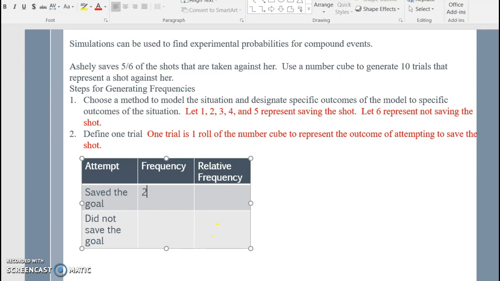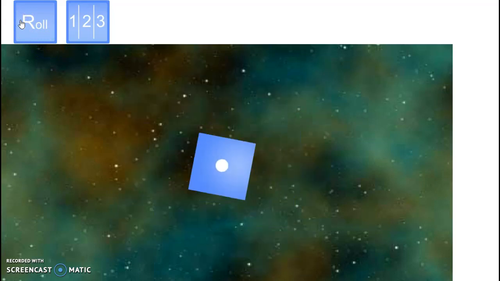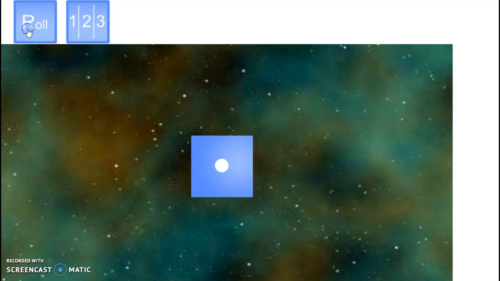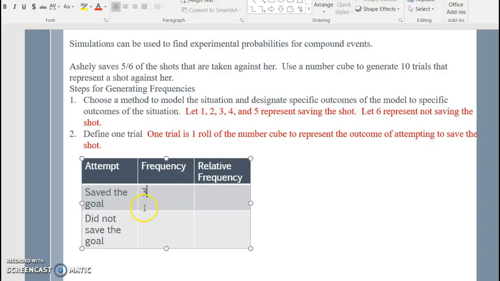We have to do this 10 times. We have a 1, so we've saved again. So we're up to 3 under the saved goal. A 5, so we saved it again.